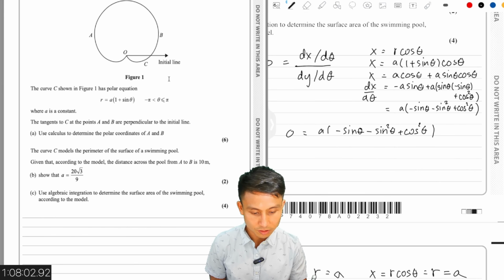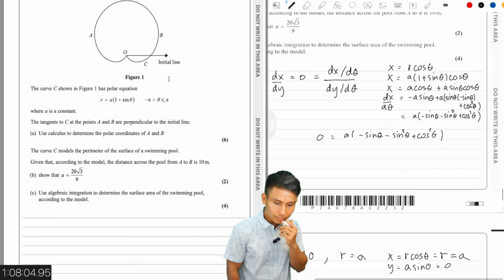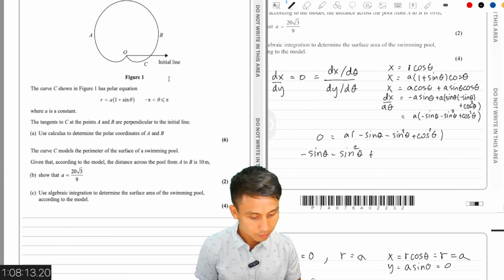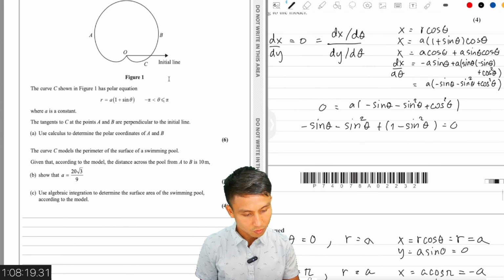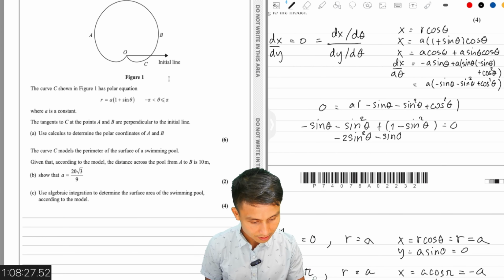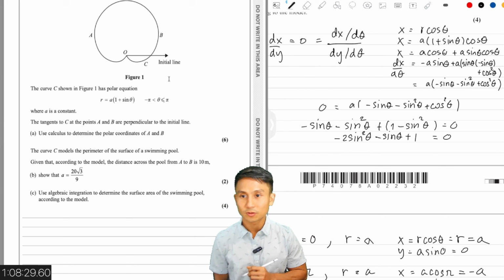Let's look at that equation of how to solve it. Oh yeah, we're just going to put that equal to 0, right? But, you know, cos squared is 1 minus sine squared, yeah. Okay, so we get minus 2 sine squared theta, sorry, minus sine theta plus 1 equals 0, okay?